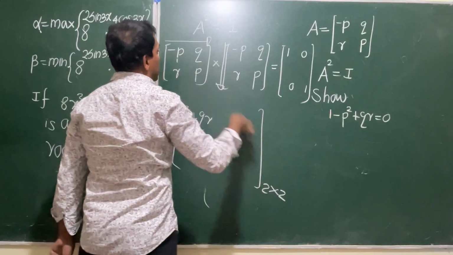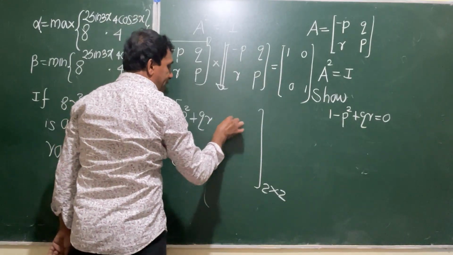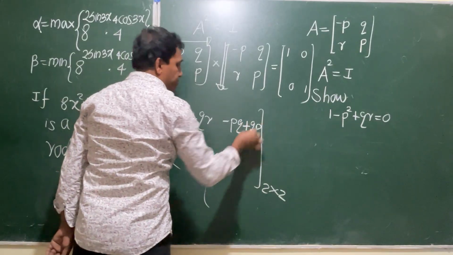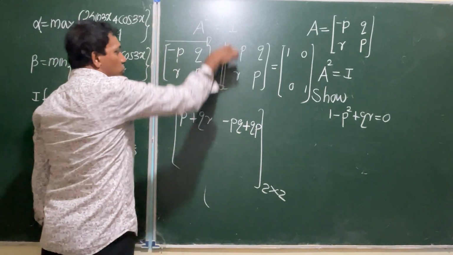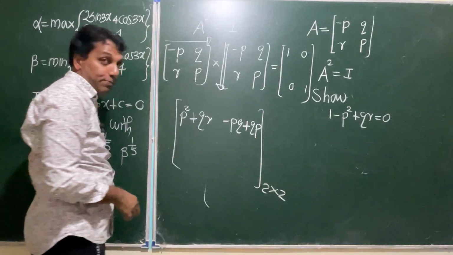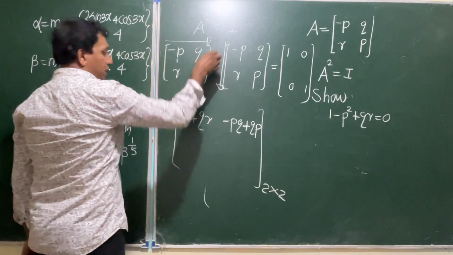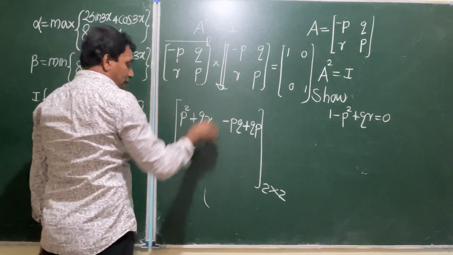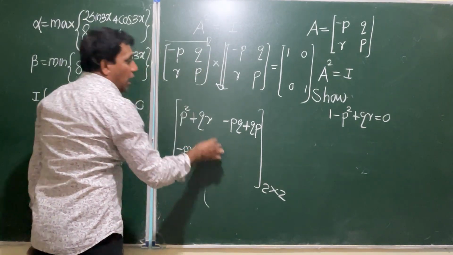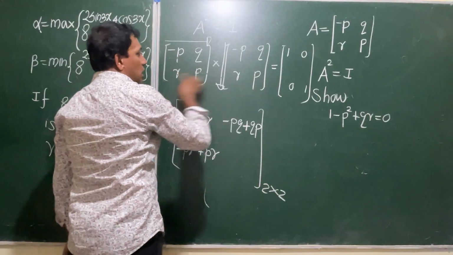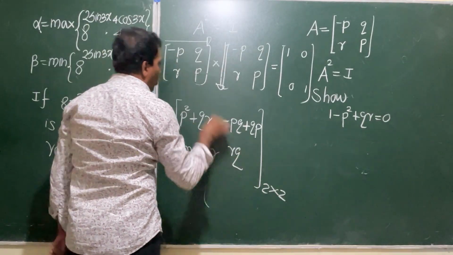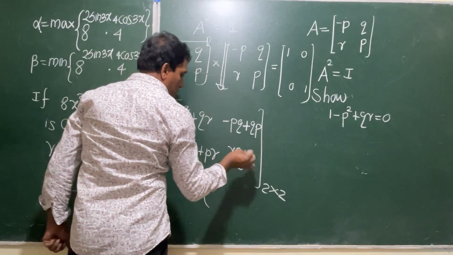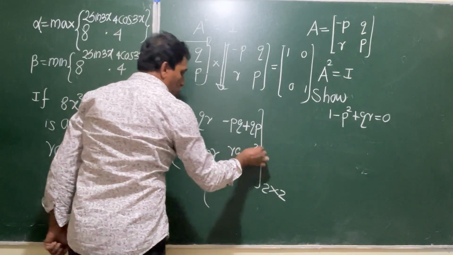Next, multiplying minus P into Q gives minus PQ, plus Q into P. And here, multiplying rows and columns and adding: R into minus P gives minus PR, plus PR. And the next one, this and this, right? So RQ plus P square, right? RQ plus P square.